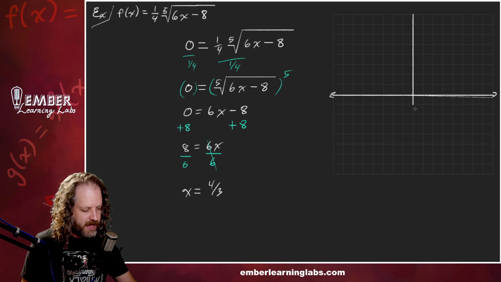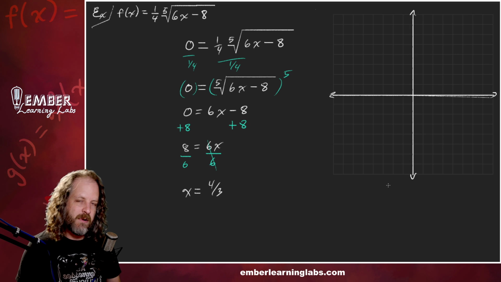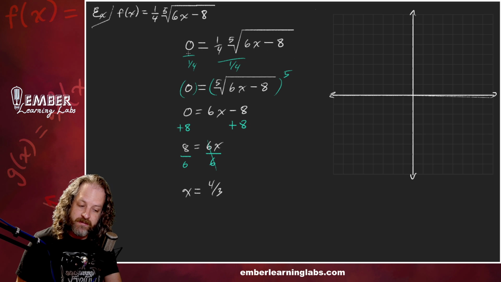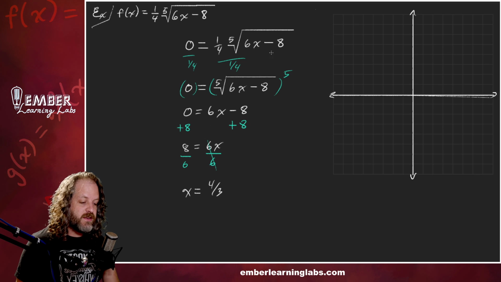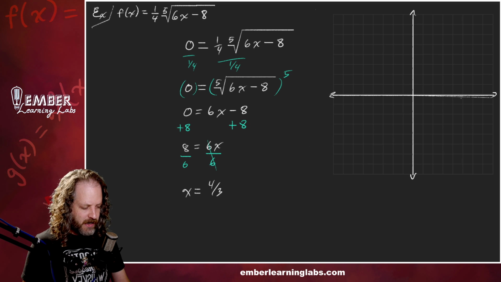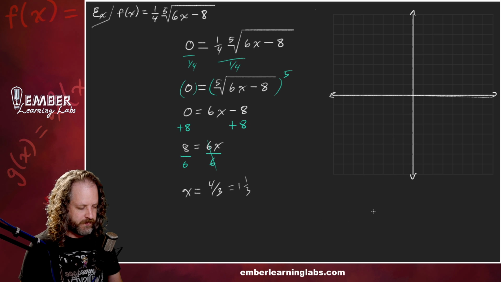Well, I went ahead and did some algebra real quick, right? Remember, to find the x-intercept, all you do is put a 0 in for the f of x, 0 in for the y, and then you solve it for x. So that's what I did here. Divided that 1/4 off, raised to the 5th power to get rid of the 5th root, and then a simple 2-step equation, and we end up with 4/3. So it's actually crossing at 4/3, which is 1 1/3, right?